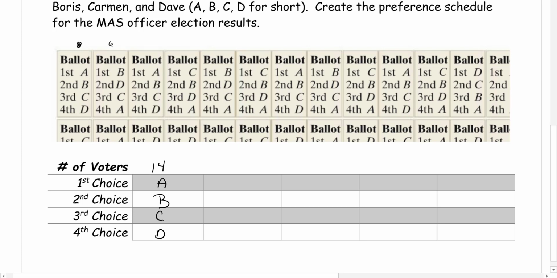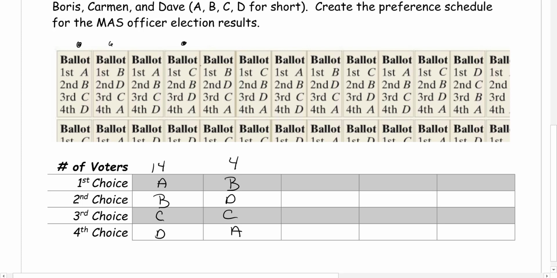So this next ballot has B, D, C, A on it. And you would count all of the ballots that are also B, D, C, A. There are a total of 4 of those. And you would keep on going. So we already have A, B, C, D down.